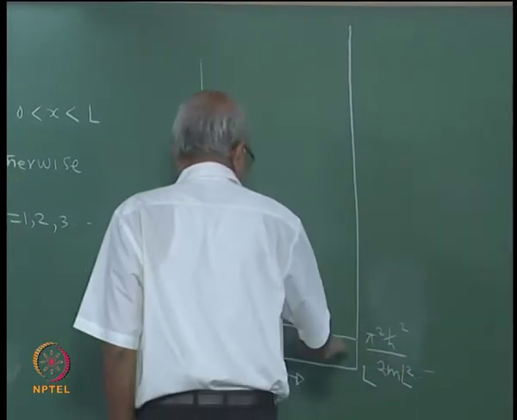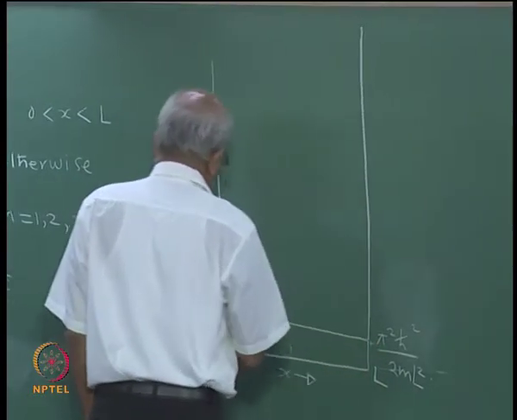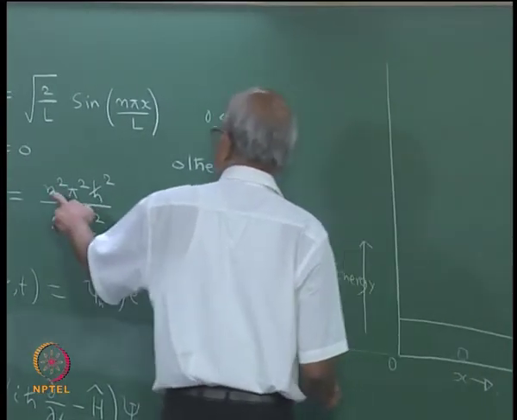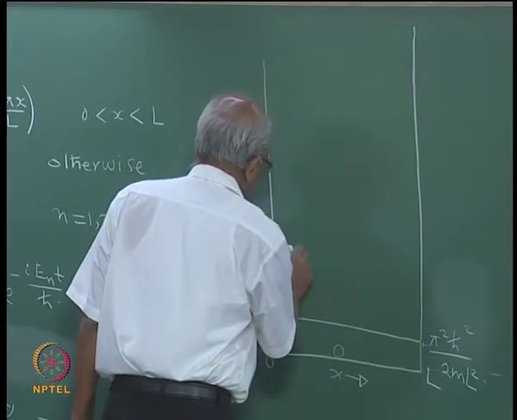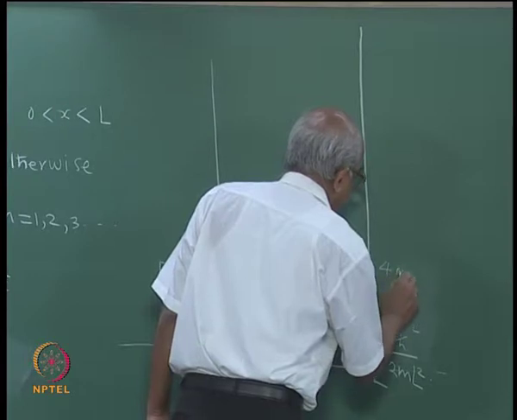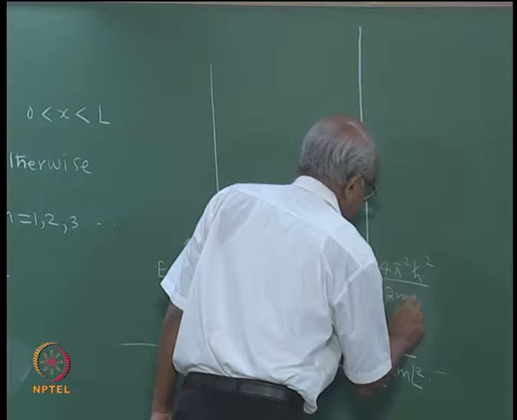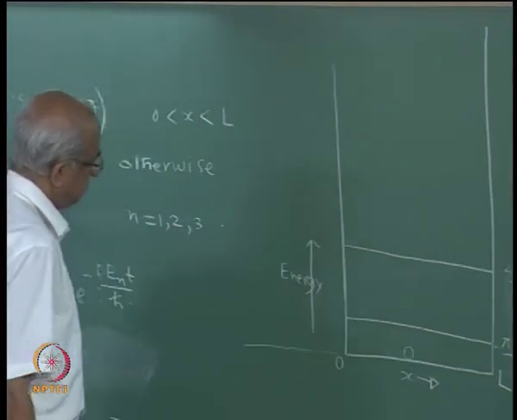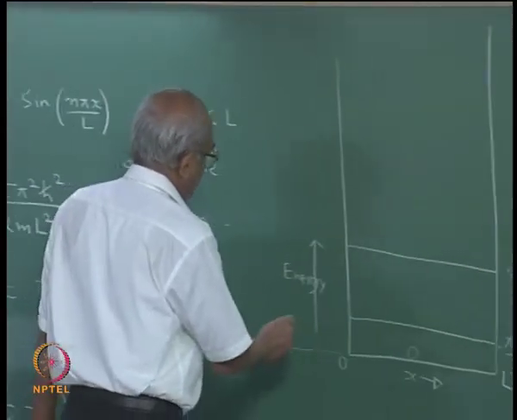So the lowest possible energy level for the particle is this one. The next one is how much? You put n equal to 2, so you get an energy which may be somewhere here. That will be 4π²ħ²/2mL².